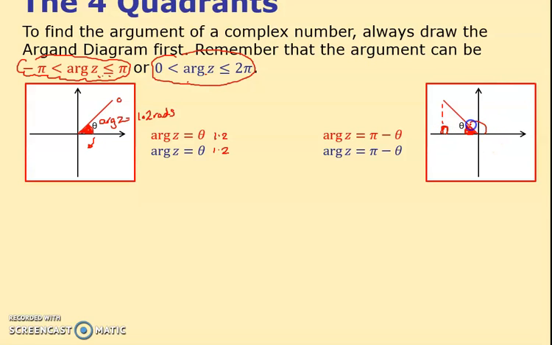But the argument is here. This is arg z. So I've got to really do 180 degrees, take away the angle. But we're not using 180 degrees. Because I know 180 degrees is pi radians, I now have this calculation to do. Again, it doesn't matter which one it's in, because in that quadrant both methods give the same answer. Effectively, it only matters when you're down at the bottom.